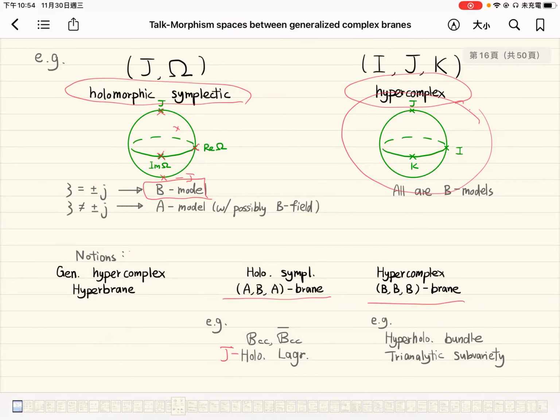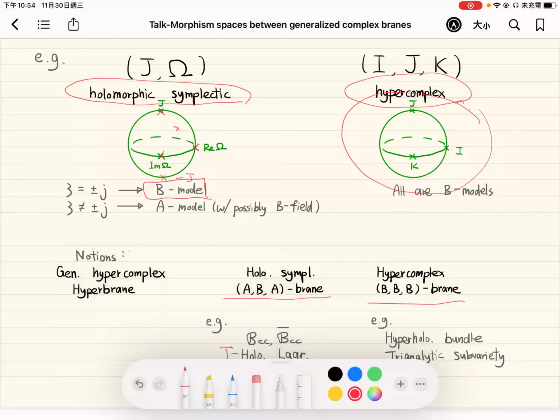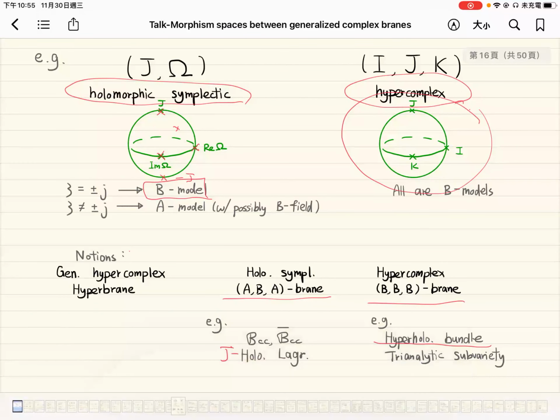For the BBB brane, you can consider space-filling BBB branes, and they are essentially a certain kind of Hermitian vector bundle on the hypercomplex manifold called a hyperholomorphic bundle. This is a notion given by Verbitsky. By hyperholomorphic bundle, it means that this is a vector bundle holomorphic with respect to any complex structure within the twisted family. And if you take a non-space-filling BBB brane, then maybe you can have some examples as a trianalytic subvariety of the hypercomplex manifold.